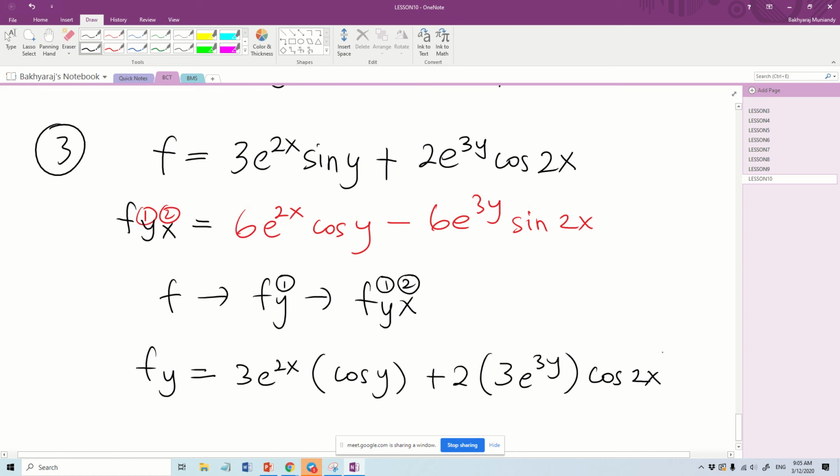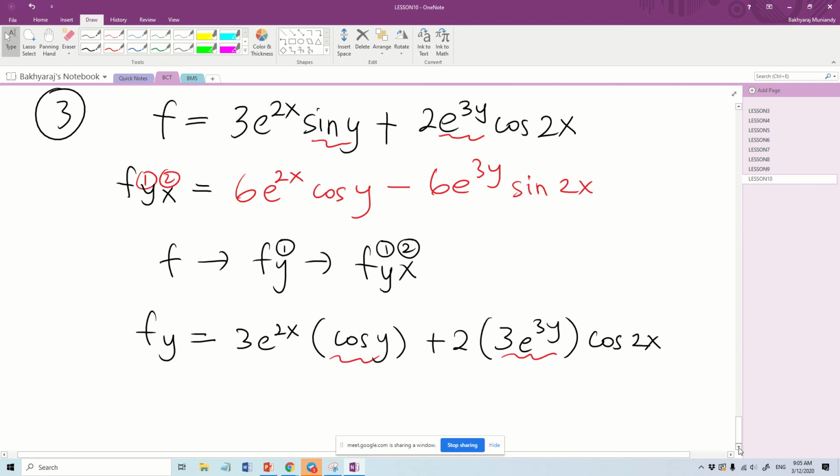Now all the y I already differentiate. This one becomes cos y, and I differentiate exponent 3y to become 3 exponent 3y. So I get equal, rearrange and simplify them if possible.